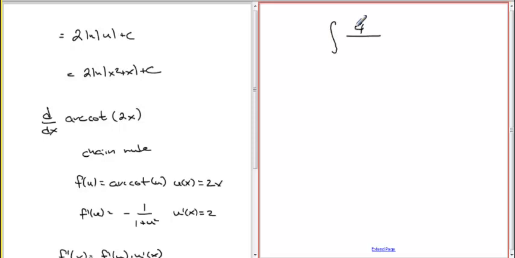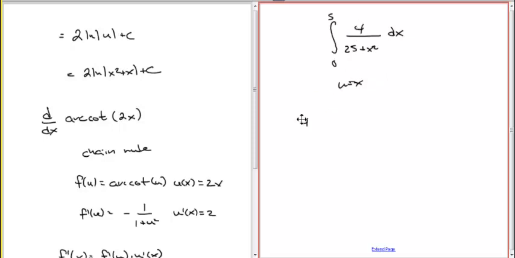So if I gave you something like this, let's say from 0 to 5, you would say, oh, it's an inverse trig, that's an arctangent. I would have to redefine my limits, which in this case you don't have to because u is x. So the u limits are the same as the x limits.